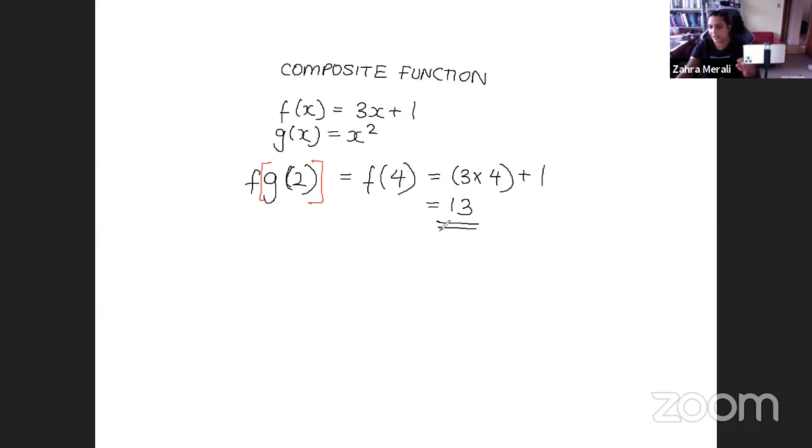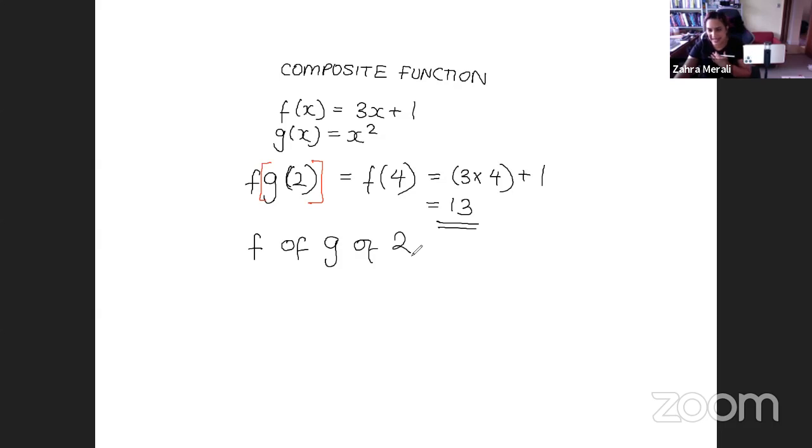Because fg of something means f of g of 2. So this is saying f of g of 2. So you start with the innermost one. So we always input from right to left, because that's the way we apply the functions.